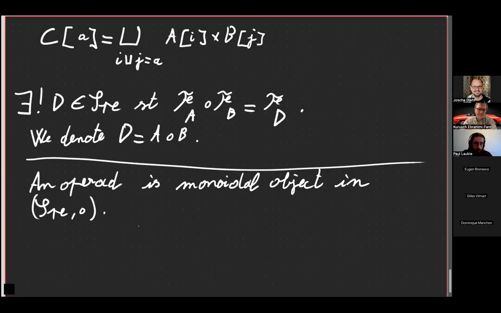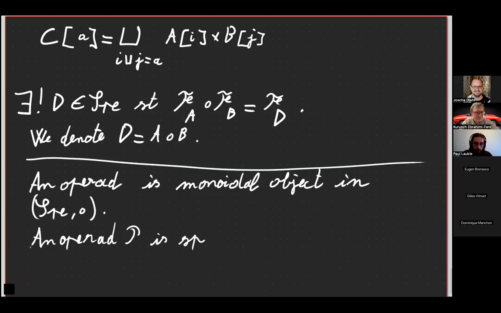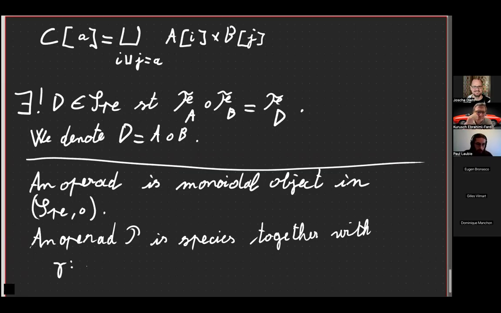So what does that mean? It means that an operad P, second definition, is a species together with an application gamma from P circle P to P, which is associative.